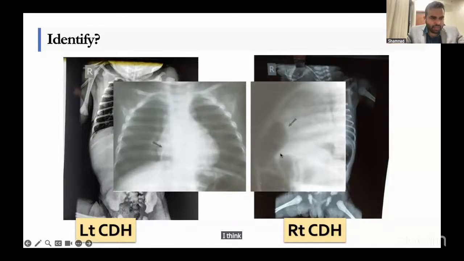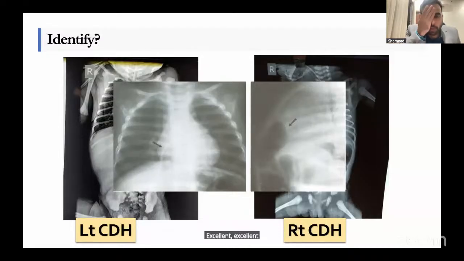I think the lateral one is a clue. Anyone? Any answers? Morgagni, excellent, excellent.